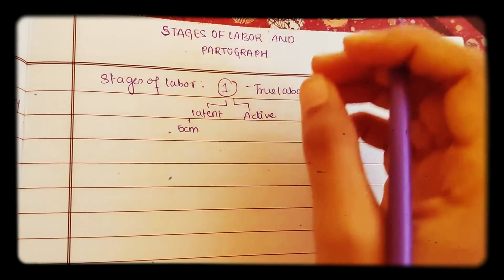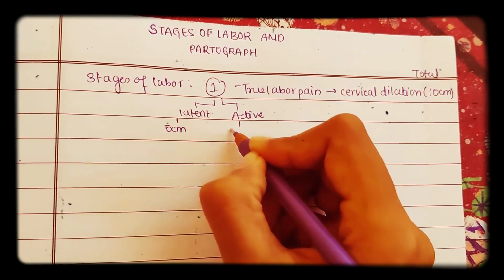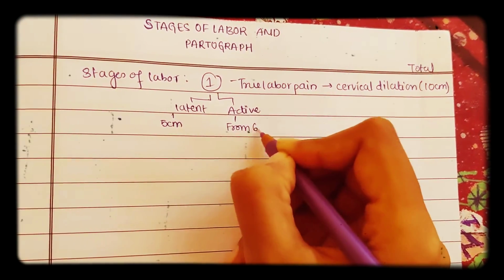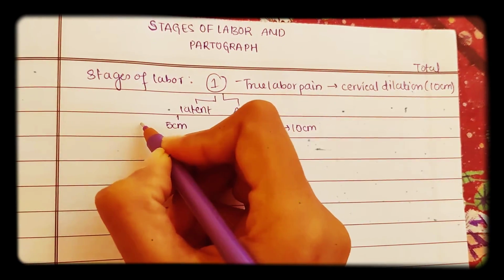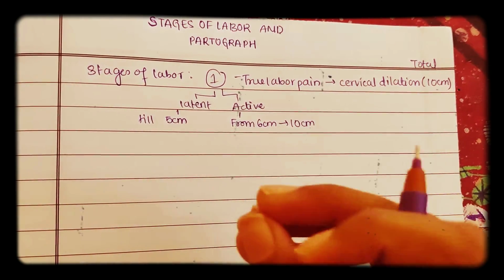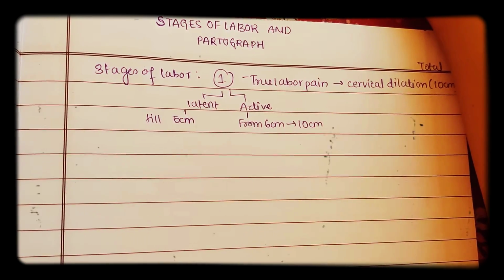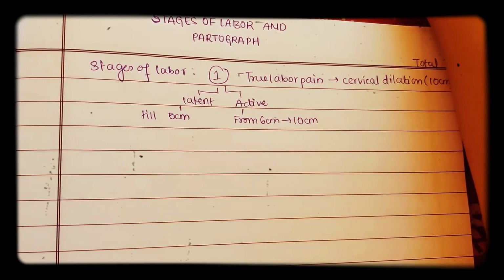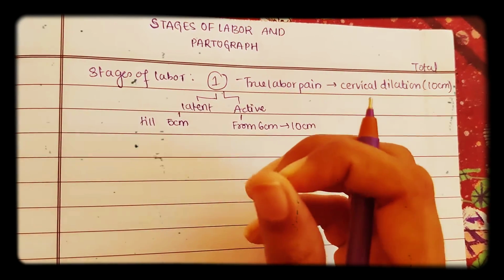But the active phase is from 6 centimeters dilation of cervix up till 10 centimeters. The latent phase is till 5 centimeters. We are discussing mainly cervical dilation, okay. According to WHO or partograph, the latent phase is from true labor pain up till 3 centimeters.